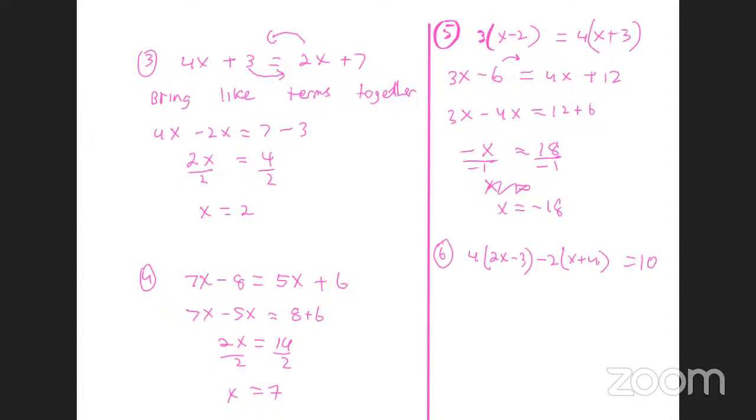Try this one. Expand it out properly, bring your like terms together, and then solve for x. Please remember, you only change the signs when you cross the equal sign. If you're not crossing the equal sign, then don't change it.